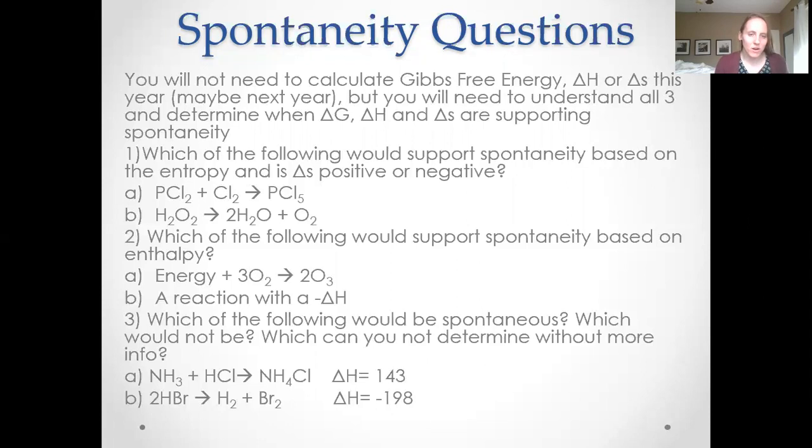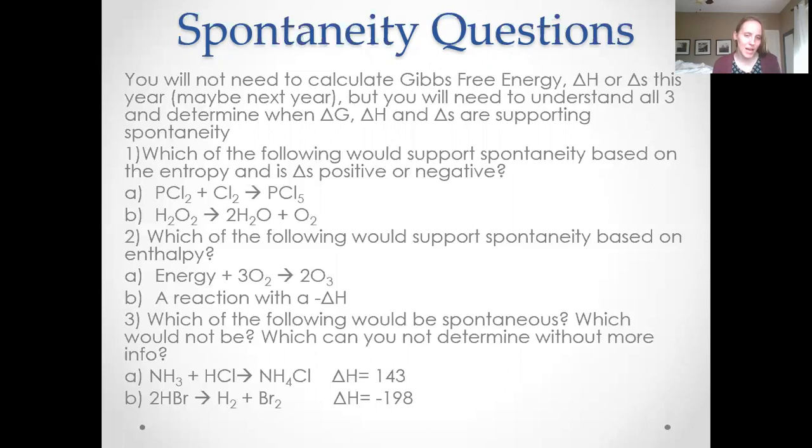And then for question 3A, as far as spontaneity goes, we start with 2 things, end up with 1. That means it would be a negative delta S. It is getting less disordered. And then the delta H that it gives you is positive. So a positive delta H with a negative delta S means that it is not spontaneous.